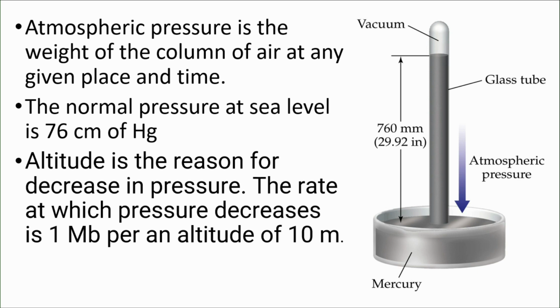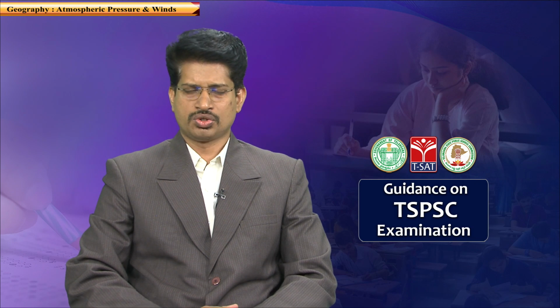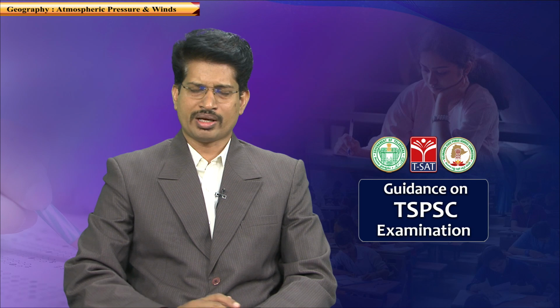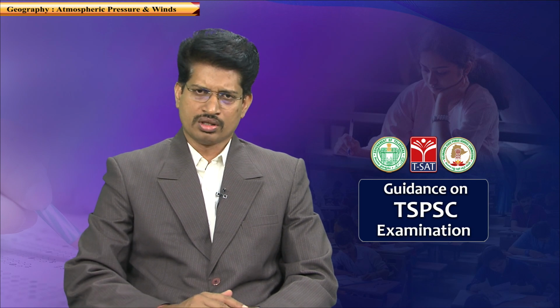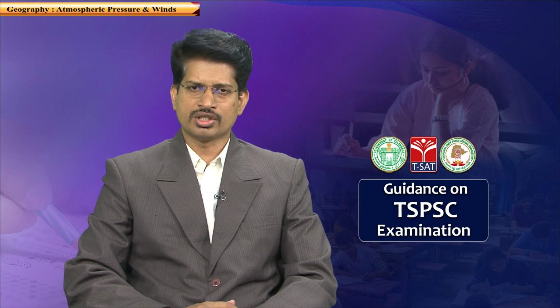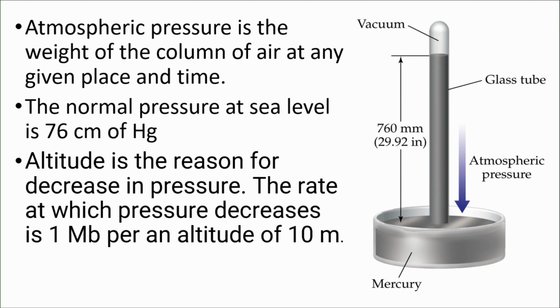At sea level, at normal atmospheric pressure, when this meter-long tube is marked with millimeters, the rise of mercury in the column is observed to be 76 centimeters or 760 mm.